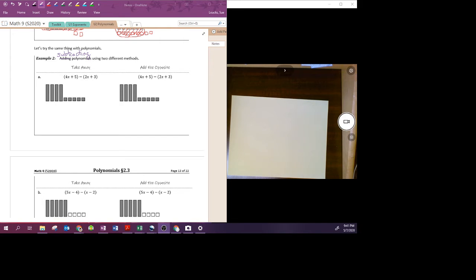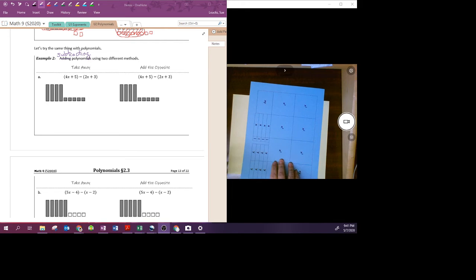Okay, now we're going to try this subtracting polynomials using algebra tiles. Note that I've made a correction on the screen there. There was a typo. It said adding polynomials. It should say subtracting polynomials. And this is a copy of the algebra tiles page that I gave you. If you were printing it at home, actually either way, what you would do is color the front page so that it's a color, and then when you flip it over, the back side will be white.